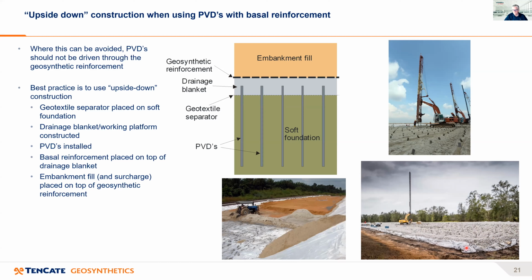You can see the geotextile separator underneath the gravel drainage blanket. And here they're installing the wick drains down through the gravel drainage blanket layer. Then placing the basal reinforcement across the top of the drainage layer, which you can see in the bottom left photograph here, and then the embankment fill placed on top, plus any surcharge if you're surcharging it.